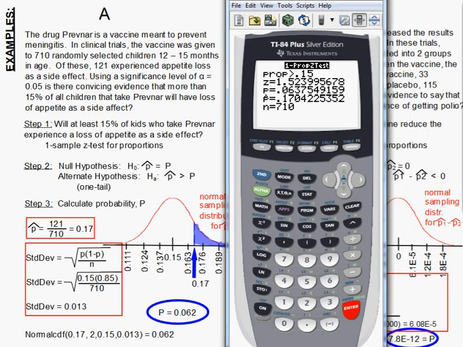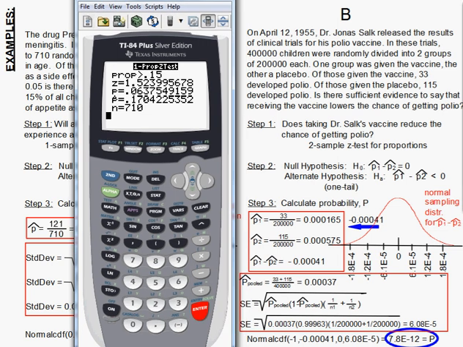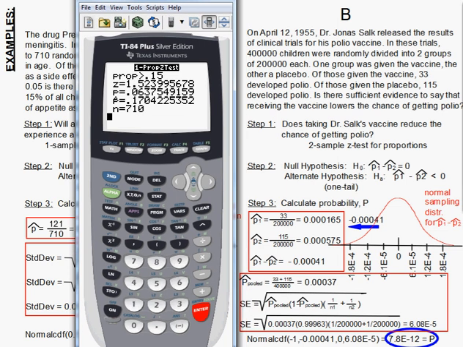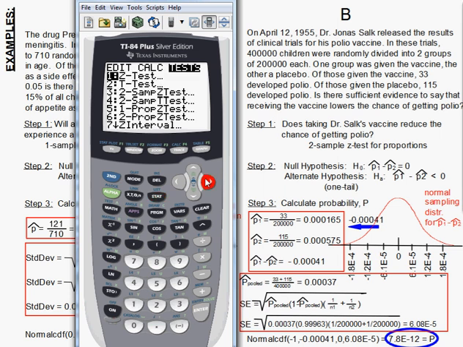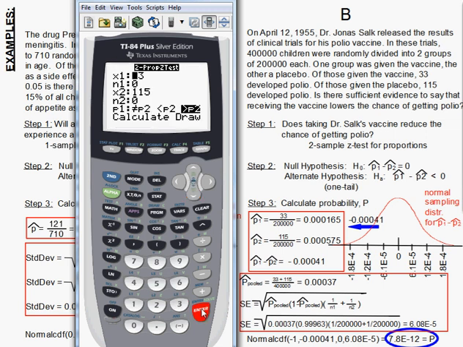Now if we go over here and look at our 2 sample, we can look for our 2-PropZTest. And I've already loaded these in. We have 33 as the count for our first sample, and this is 20,000.